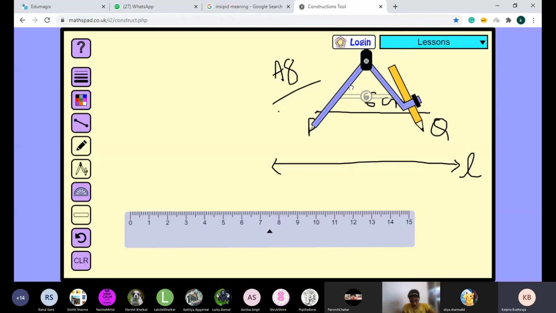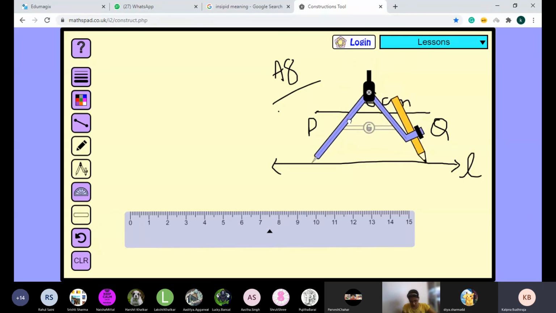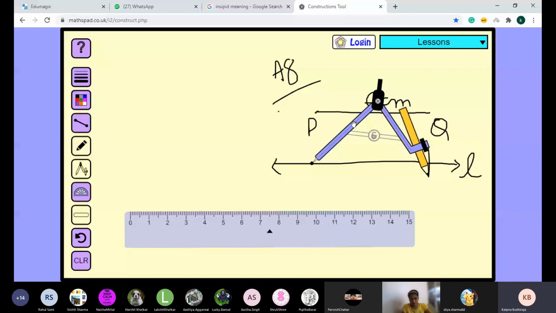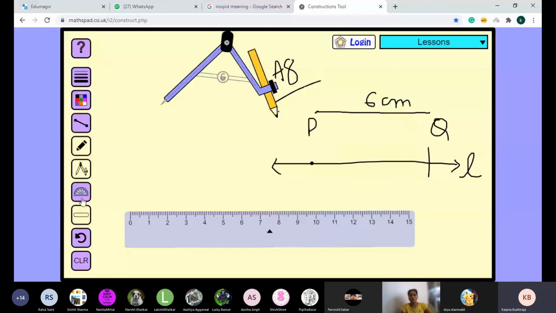Now bring this compass here. So this becomes the copy of PQ. So here, this is also PQ. ठीक है? On line L I have drawn a line segment PQ of 6 centimeter. Is this point clear? How to draw the copy?